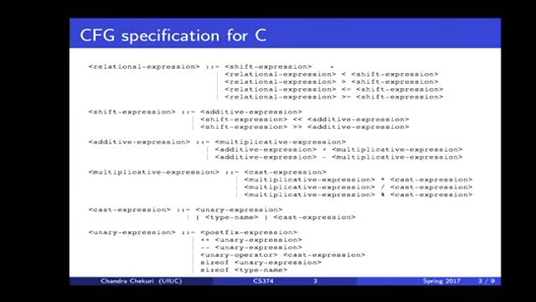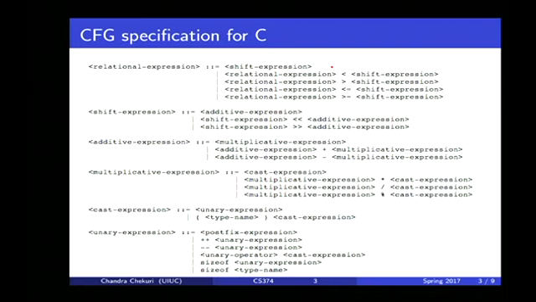So for example, this is something I already put up a while ago. This is a small piece of the C language specification as a context-free language. It's huge, very long. So that's what your compiler is doing. When you write C or whatever, it takes your program and checks whether it is a valid program by going through the grammar specification of C. Somebody has written down this CFG for you somewhere.